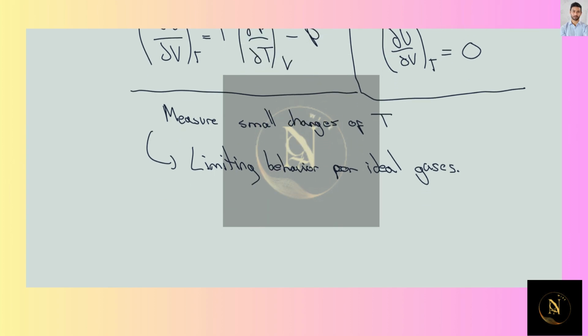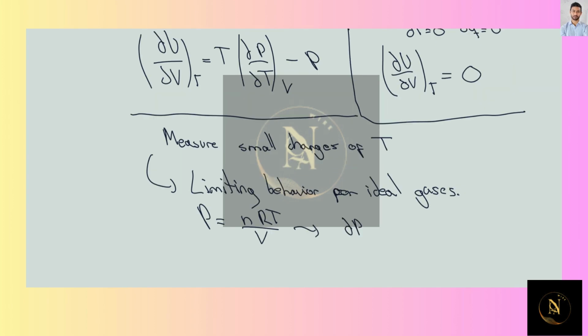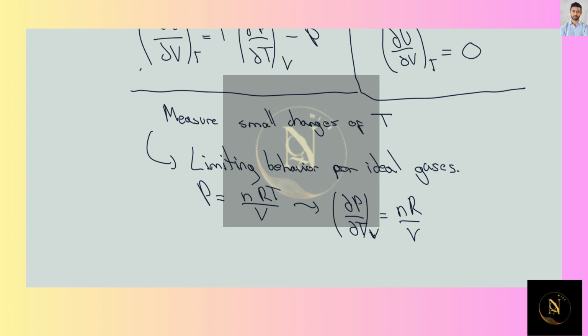Why is that? Because if we take the ideal gas equation, P is equal to nRT divided by V, what happens is that if we take the partial of P with respect to temperature at constant volume, what we are going to get is that this is going to be equal to nR divided by V. Substituting this into our equation over here, into the true relationship, the partial of U with respect to V at constant temperature for an ideal gas is going to be equal to T times nR divided by V. And guess what?